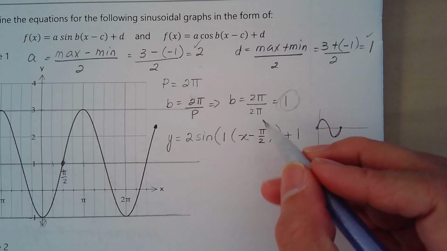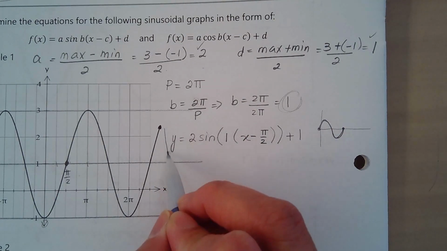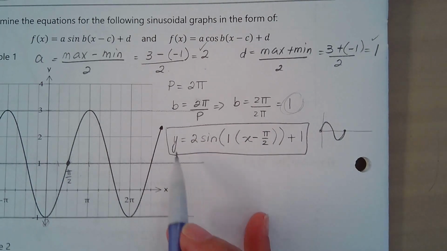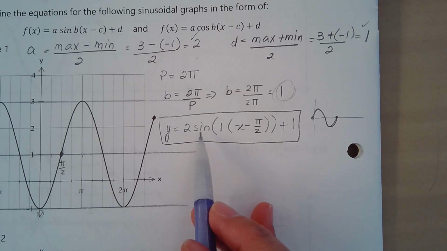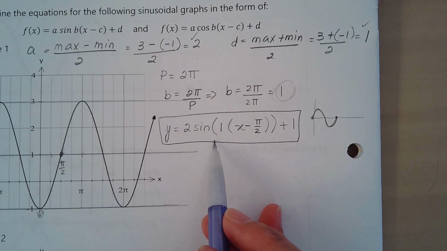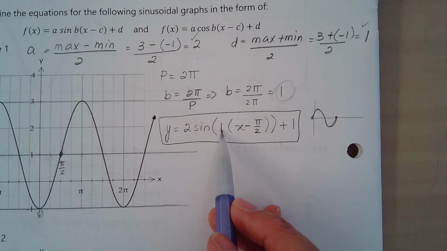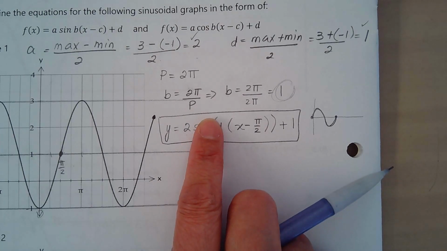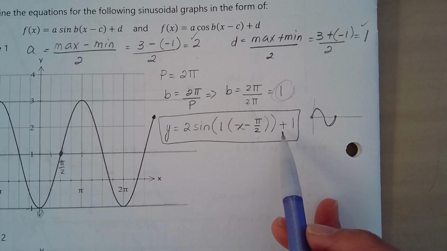So the equation is, in terms of sine, y is equal to 2 sine brackets. I put 1 there just to make sure that we didn't forget about it, but if it's not there, it's understood: 1 times x minus pi half, plus 1.